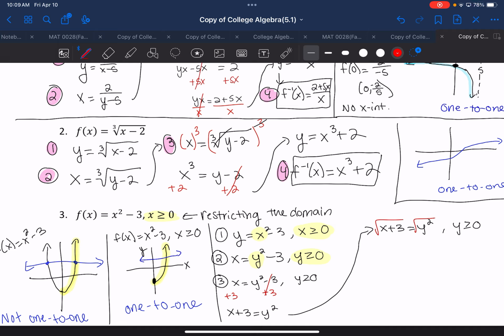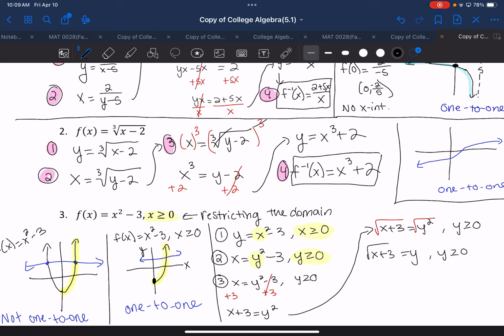But because we restricted y to be greater than or equal to 0, I only want the positive square root. So I don't want the negative one. So this would just be y is equal to the square root of x plus 3, for y greater than or equal to 0.